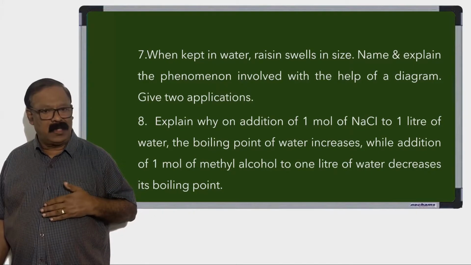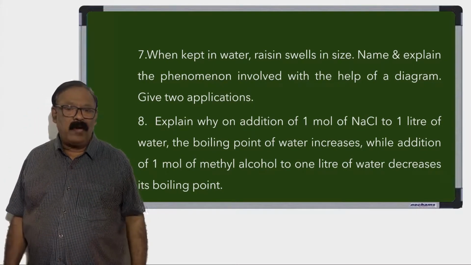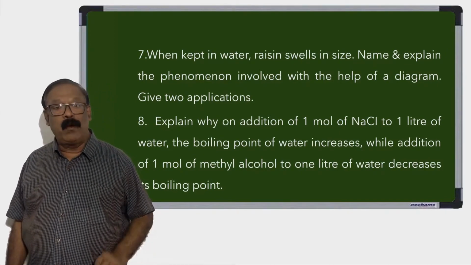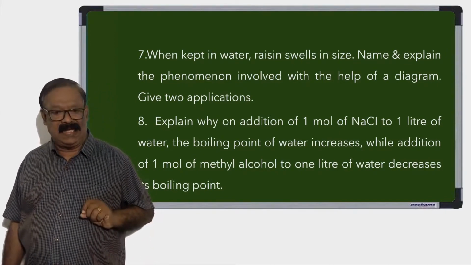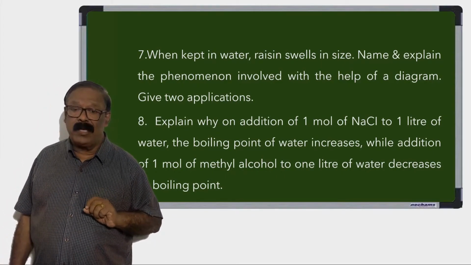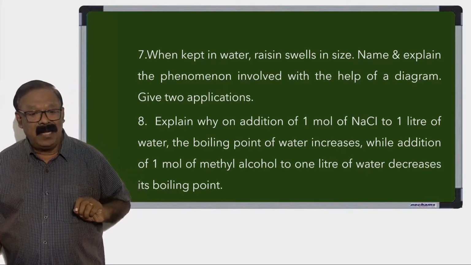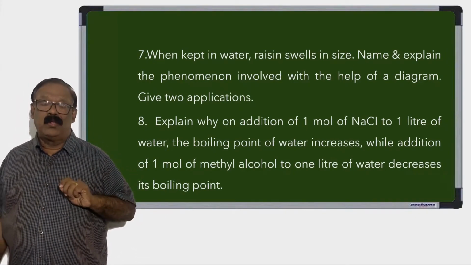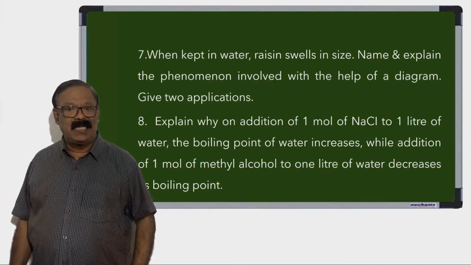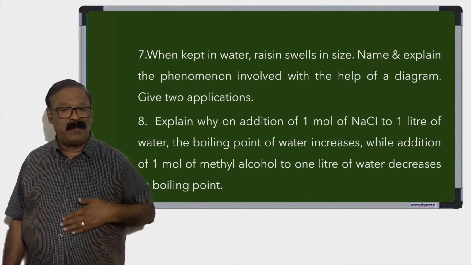Then next question is, explain why on addition of 1 mole of sodium chloride to 1 liter water, the boiling point of water increases, while on adding 1 mole of methyl alcohol to 1 liter of water it decreases its boiling point. Now, sodium chloride is a non-volatile solute. When this is added to water, what happens to the vapor pressure?